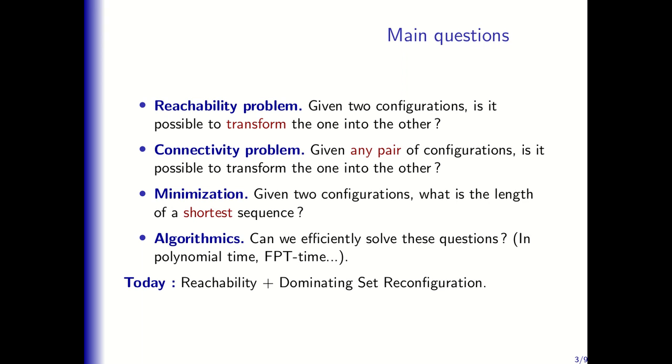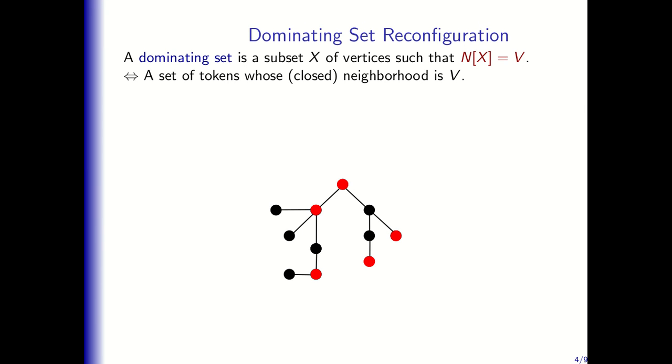And so today we will focus on the reachability problem for dominating set reconfiguration. So probably most of you know what a dominating set is, but a dominating set is just a subset of vertices of a graph such that the closed neighborhood of this set is equal to V. So which means that if you select this set X of vertices plus its neighborhood, then you should contain the whole set of vertices.